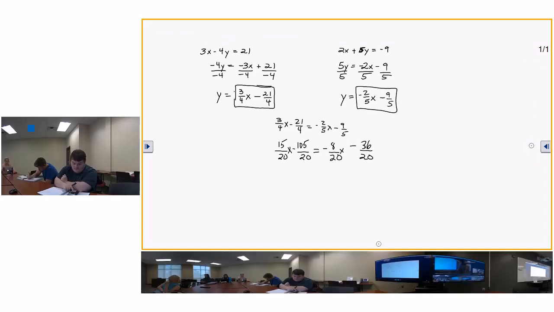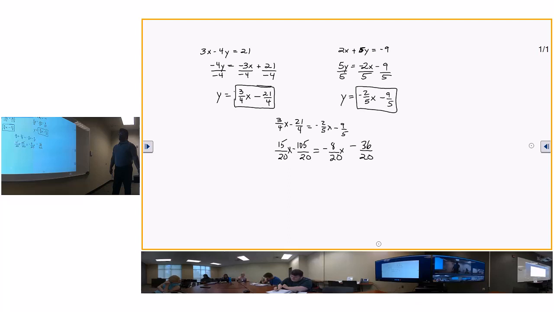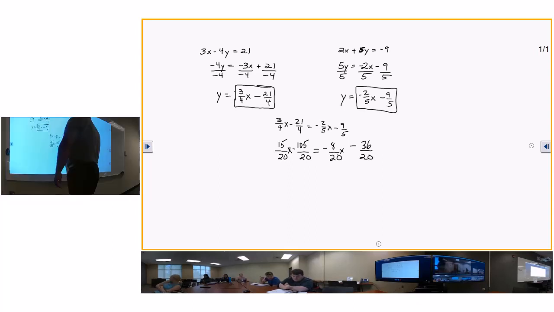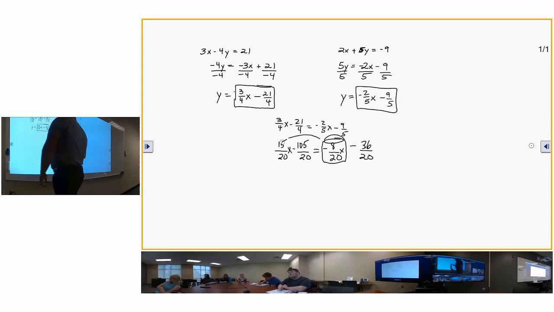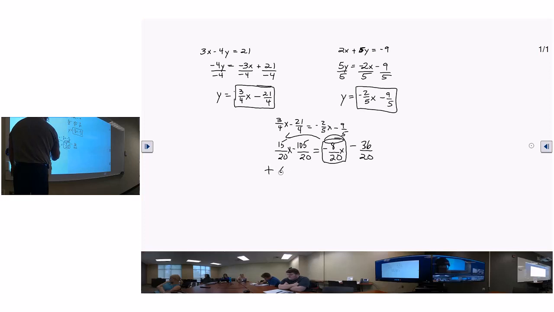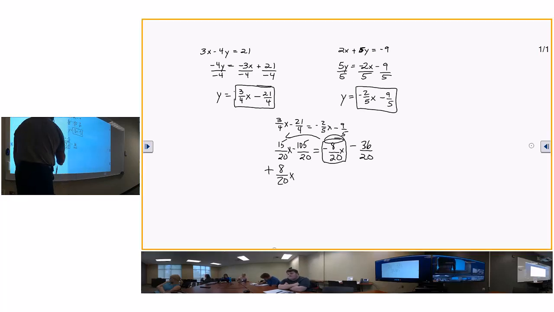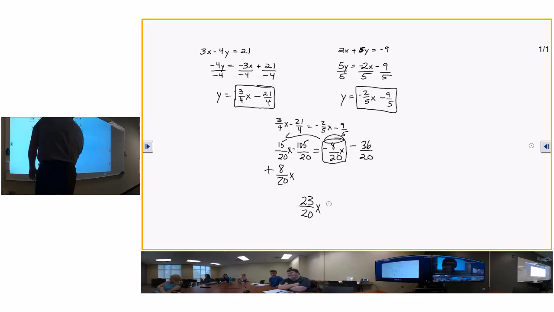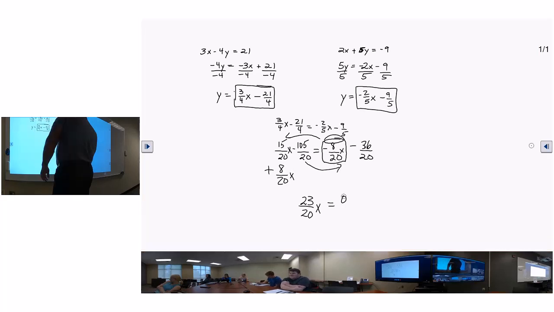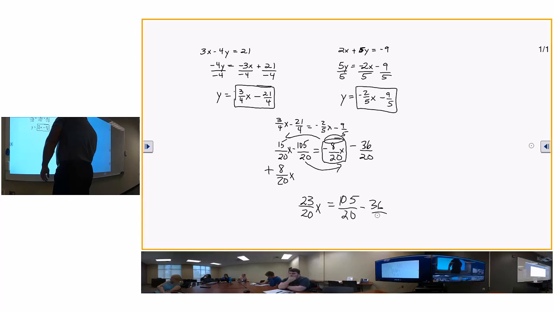Okay, where's the little bucket? 15 20ths or 8 20ths? 8 20ths. So I'm going to move the little bucket because that's what lazy people do. They move the smallest bucket. Take it across the river, and it becomes plus 8 over 20x. And what's 15 plus 8? 23 over 20x equals, and I'm going to bring that 105 over 20 across the river, and it becomes 105 over 20 minus 36 over 20.